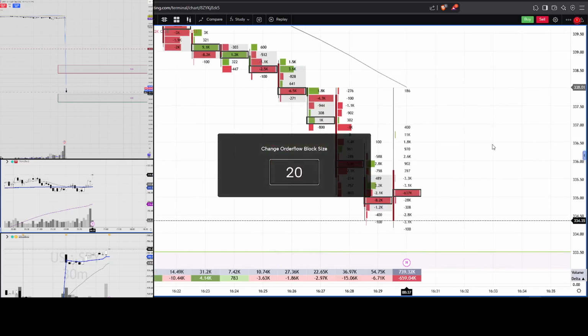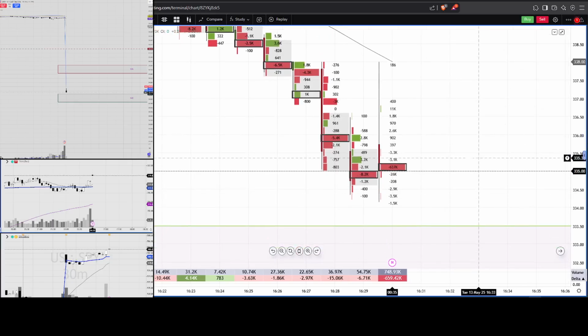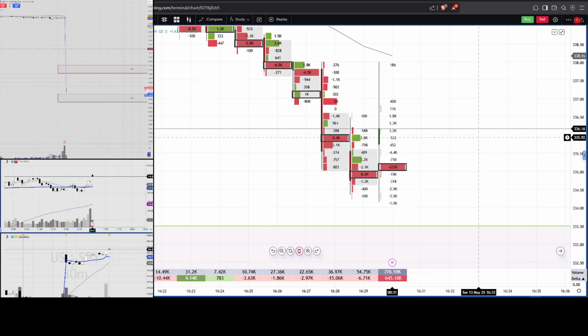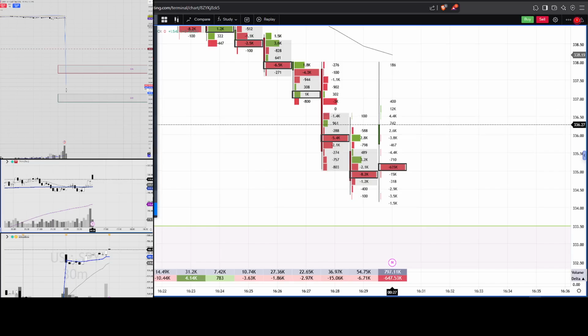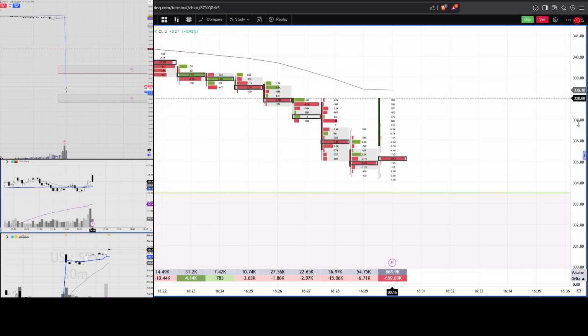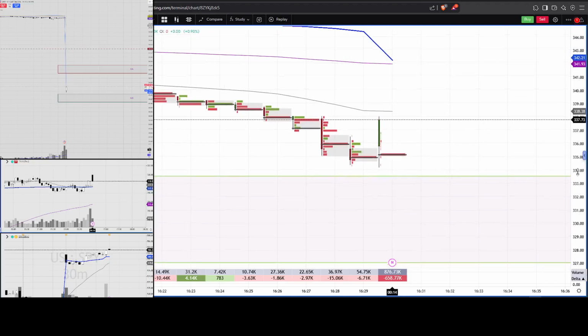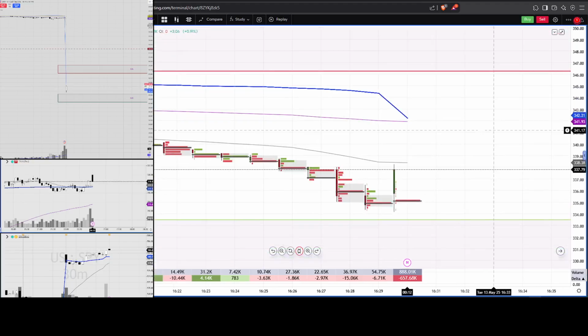Make this 20. 20 feels right. Imbalance. There should be a tool for imbalance as well. Shortcut they made for area, line, and all of that. What is the problem with making imbalance? Useless. 334. It's really testing the lows.